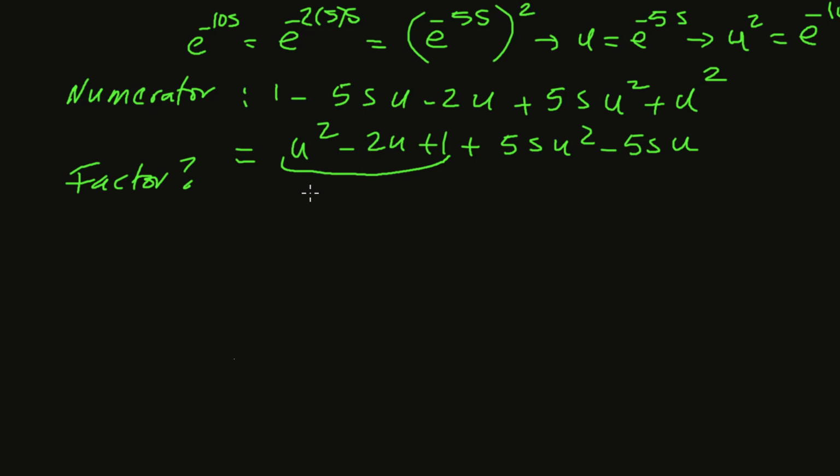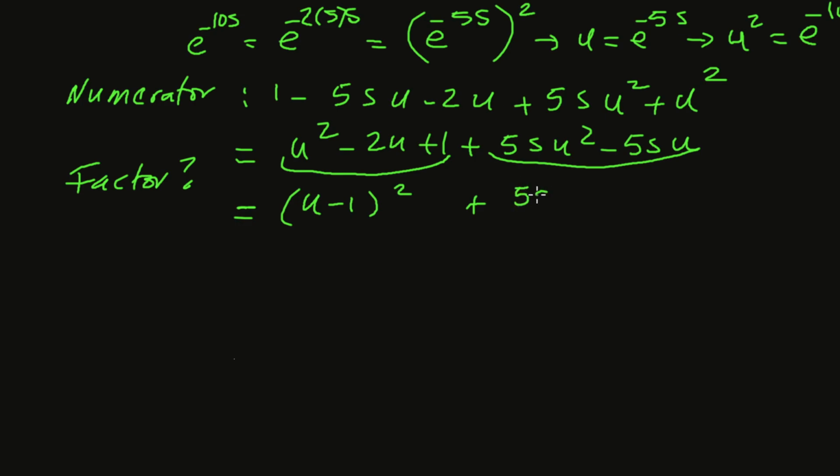So if you look into this, this is something that factors. And so once I have this, I'm going to suspect, can I get u minus 1 here, right? So that's kind of the idea. So that's the goal. What do you think?